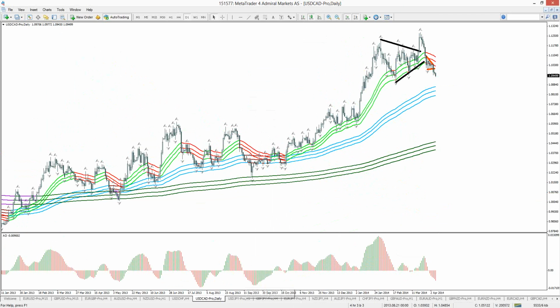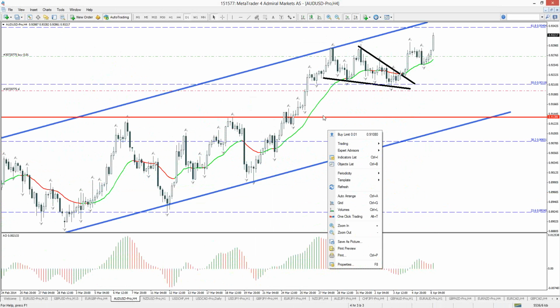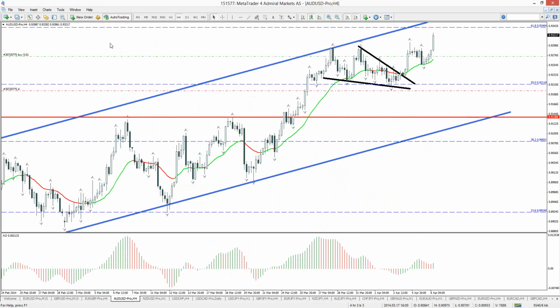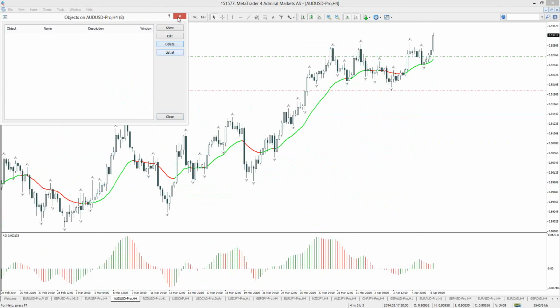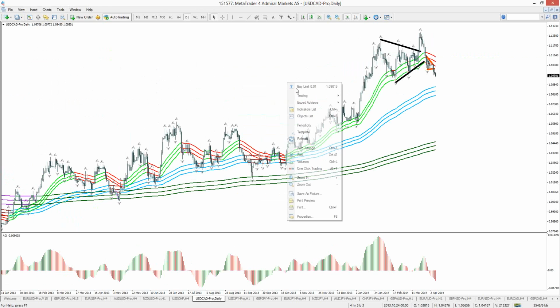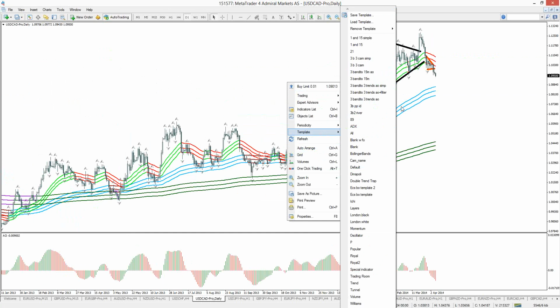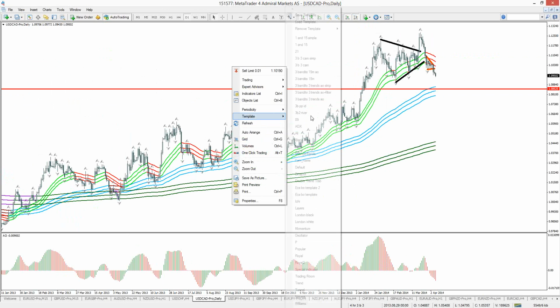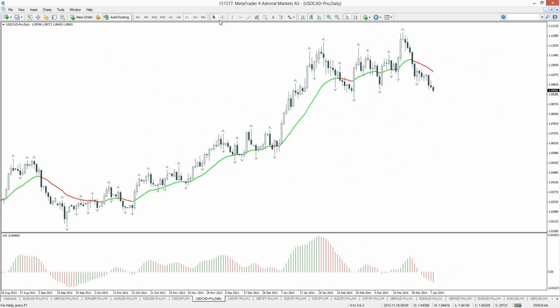Let me take off the moving averages for a second, and only use the 21 EMA, because I want to look at it from a different perspective, so I don't bother you with all the EMAs all the time. All right, so we just use the 21 EMA now.